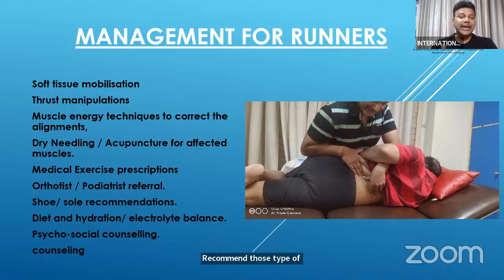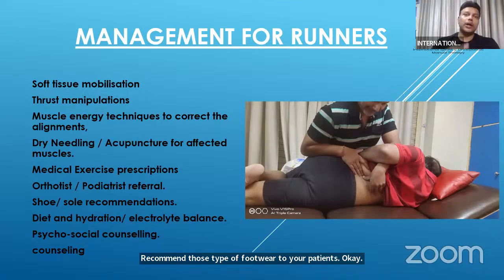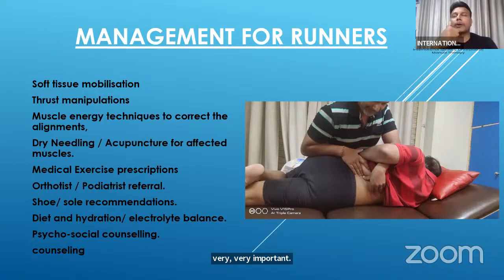Okay. Diet and hydration along with electrolyte imbalance is very, very important. If your patients are not properly hydrated or have electrolyte imbalances, believe me, they will be predisposed to injuries, no matter how good a manual therapist you are. So hydration and electrolyte balance is equally important.